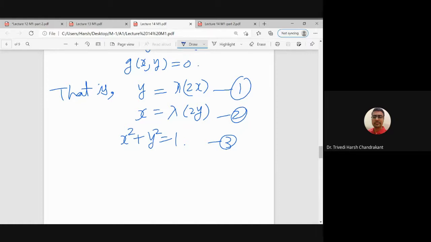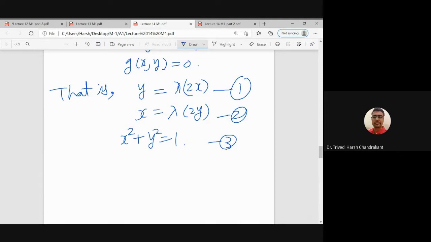Suppose we have a linear equation, we can use the elimination method also, and solve the equations. So what shall we do here to solve this equation? What we have is y equals lambda times 2x and x equals lambda times 2y. So we can convert using equations 1 and 2.